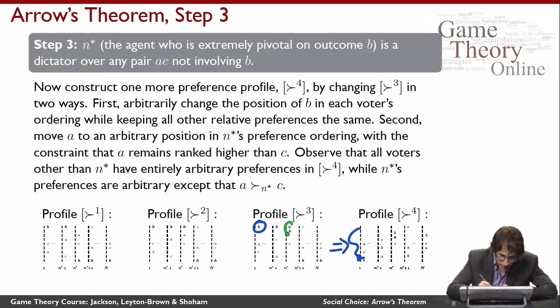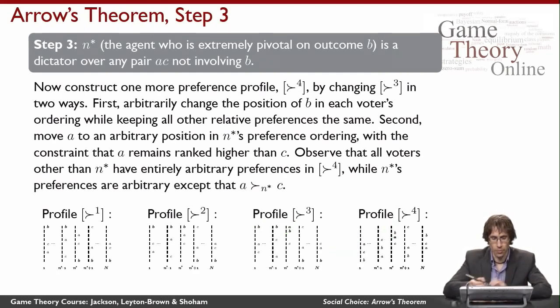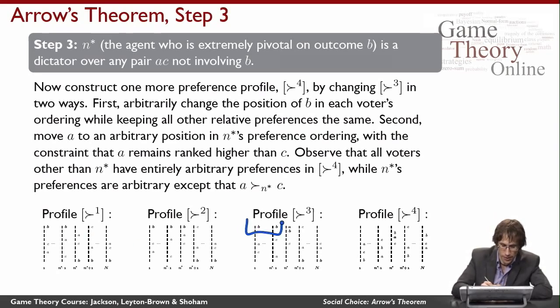So let's look at that. Here we have A in a really special place. Here we're just going to stick it further down to here. But we're going to make sure that it's still higher than where C is. And what I want you to observe now is that all voters other than n star at this point have completely arbitrary preferences, because the only things that we had assumed about those voters before was the position of the B's.